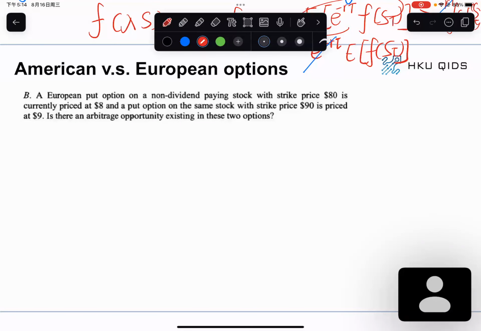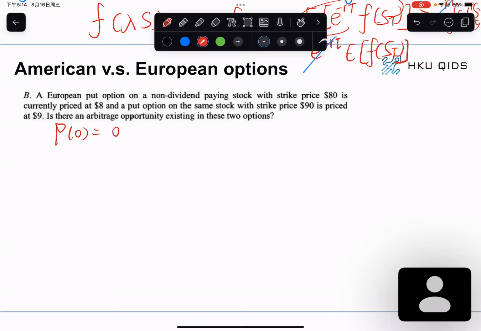Well, again, we can use the convex property, right? Since we know a put option with strike price 0 is going to be useless, P(0) is definitely going to be 0.